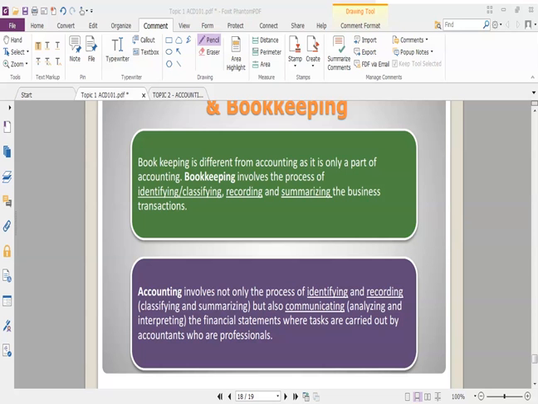After that, they must have about 5 years of experience in industry, and then they take an exam to become a chartered accountant. So they will certify and authorize the financial statement prepared by the accountant executive. Okay, Ahmed?